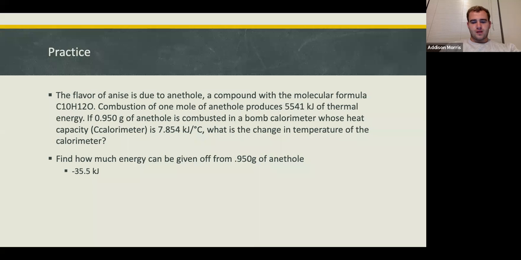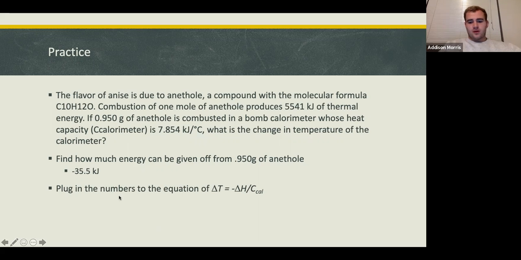Okay, you should have gotten negative 35.5. Remember, we took the 0.95 grams divided by the molecular mass, and then multiplied by negative 5,541. And then we plug it into this equation right here. So delta T is equal to, oh, whoopsies. Oh, I said it wrong. Yeah, no, this is how it should be. My bad.